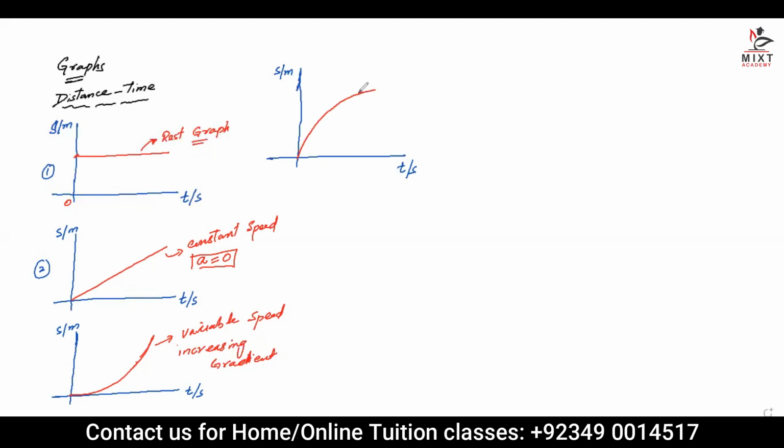This is again variable speed, but this time with decreasing gradient.